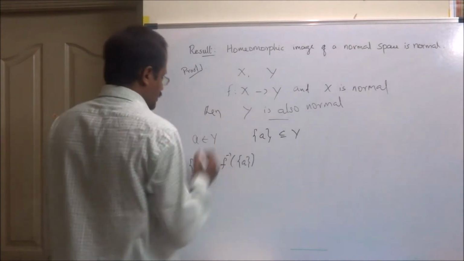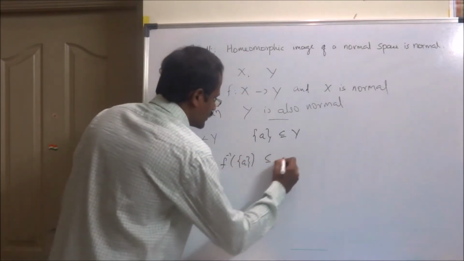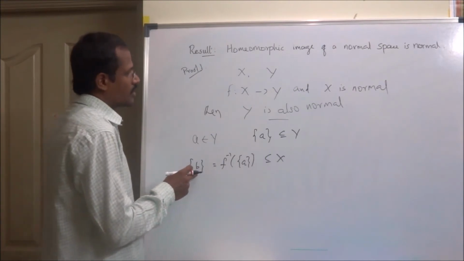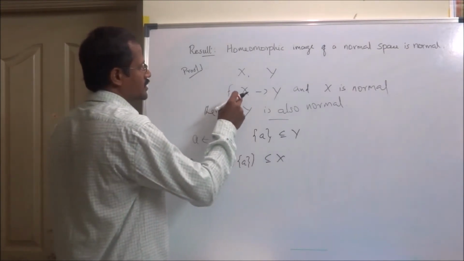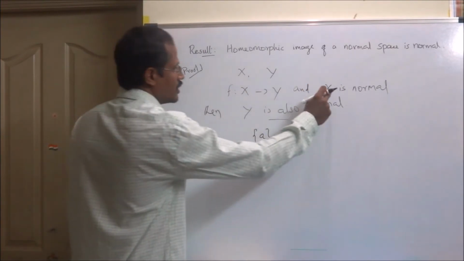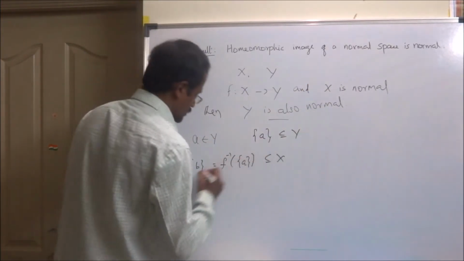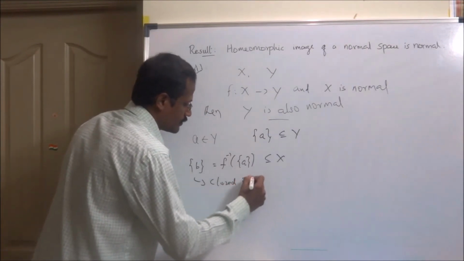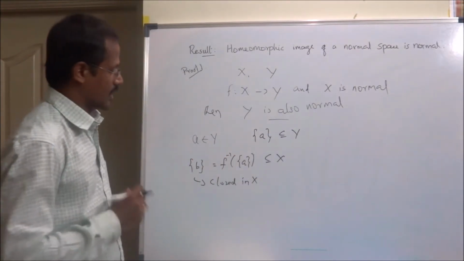Now this is a subset of X, where X is a normal space, so the singleton {b} is closed in X.